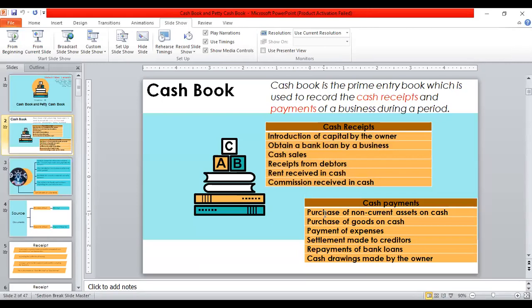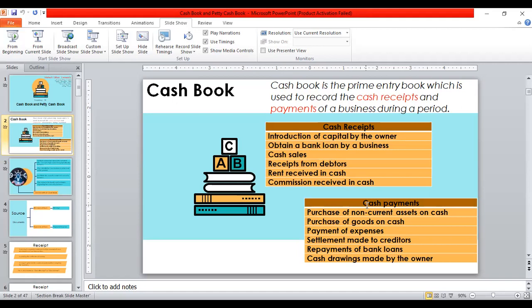And also write the payments. In the cash book, it records both the receipts and the payments.